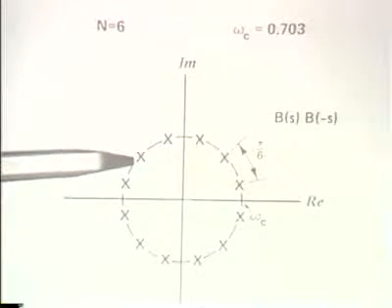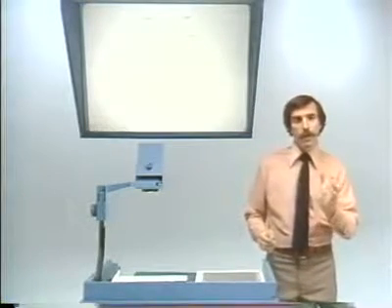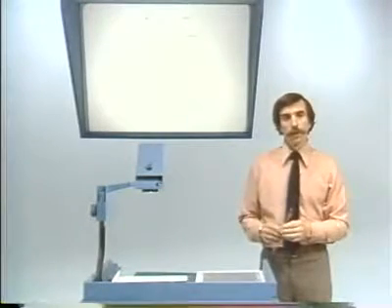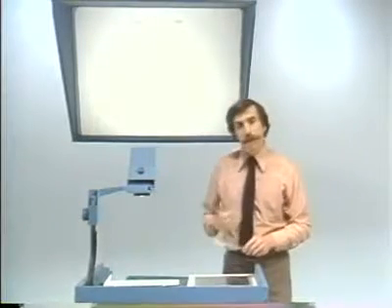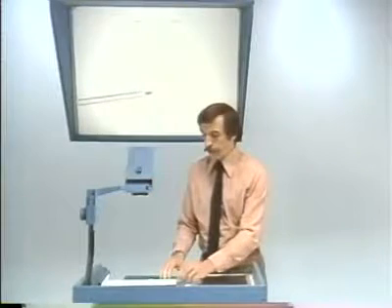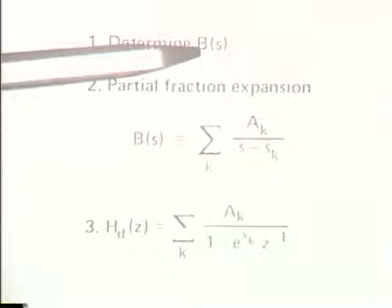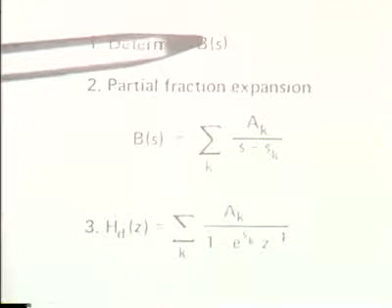Now, what that gives us is a Butterworth continuous time filter, which we are then mapping through impulse invariance with capital T equal to 1 to a discrete time filter. That discrete time filter is to be used in a system which has an associated sampling frequency of 10 kilohertz. So to get the discrete time filter, we first determine B(s), as we just did, or at least I indicated how to do it.